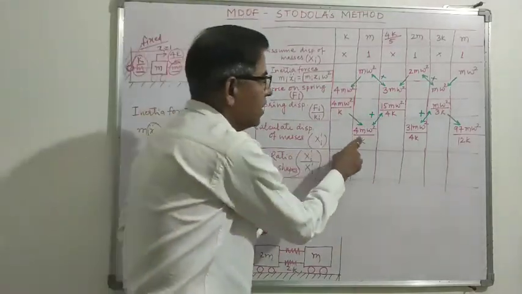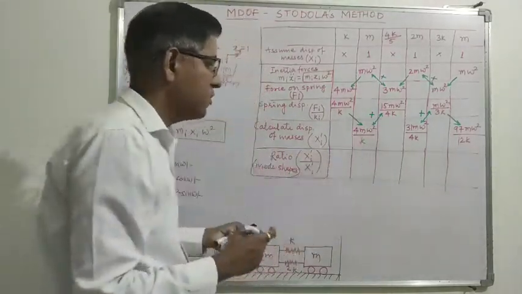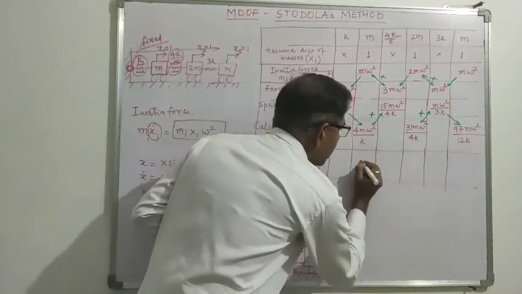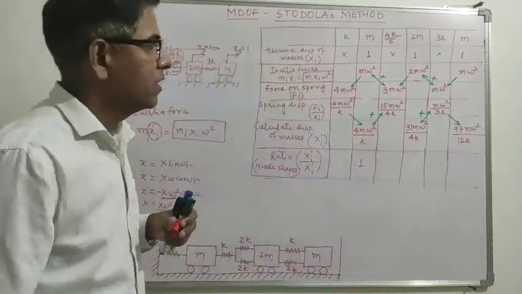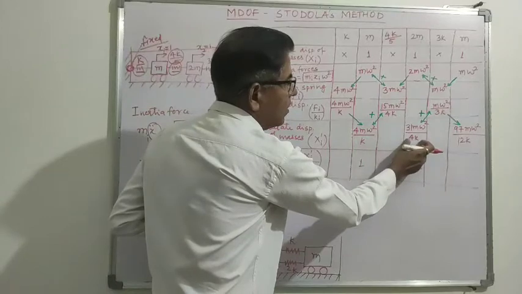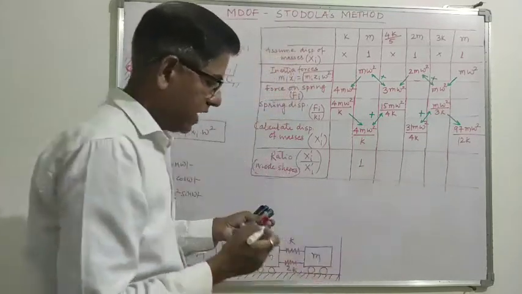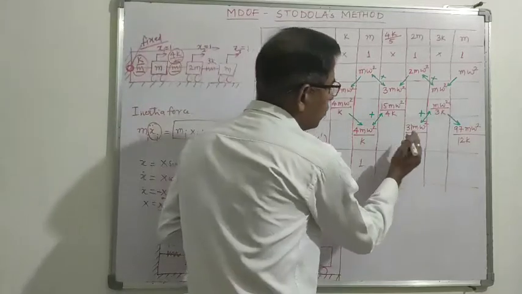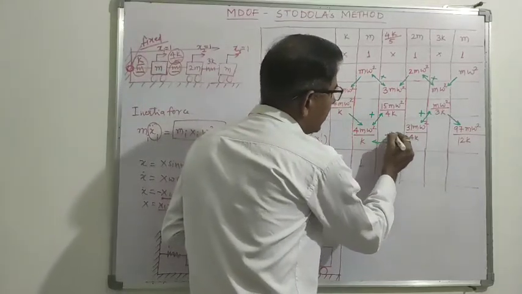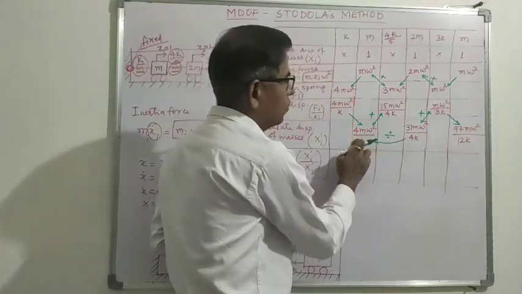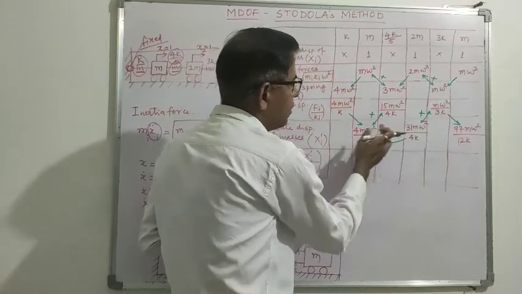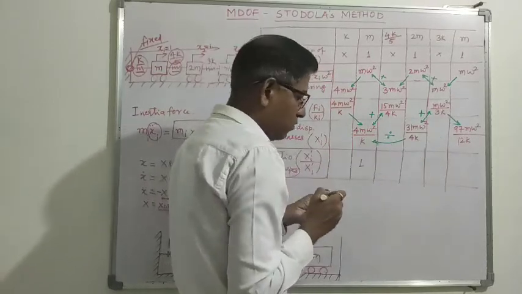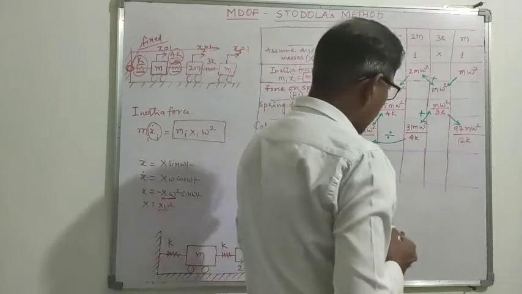So this divided by the first mass will give the answer as 1. Now the second displacement is calculated as this value divided by this value, which gives the answer as 1.94.